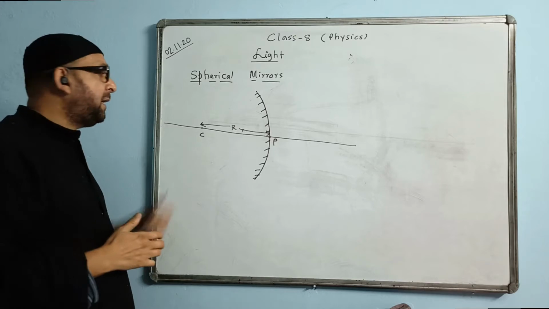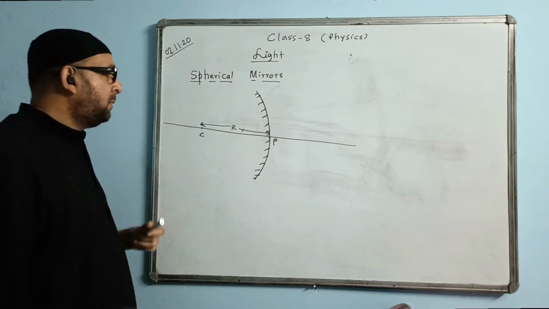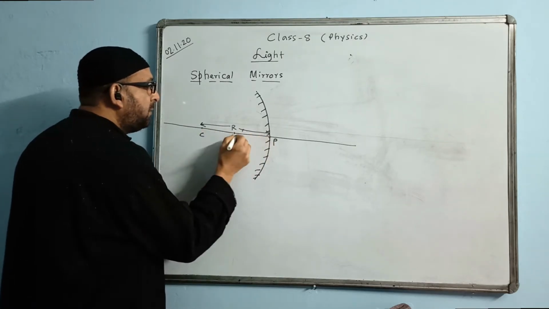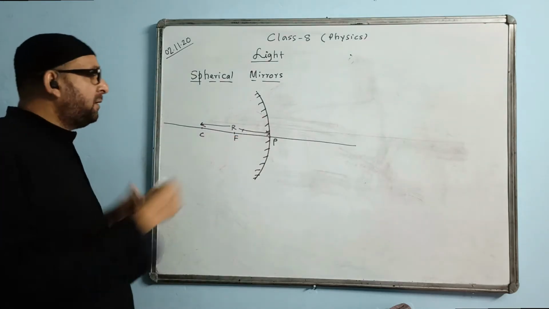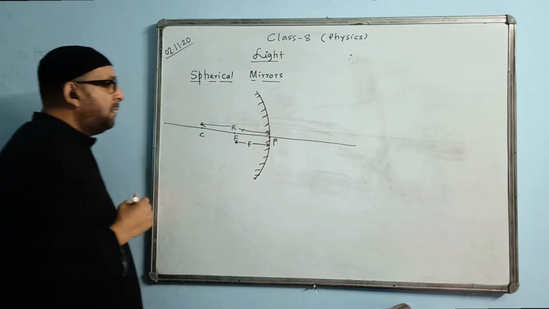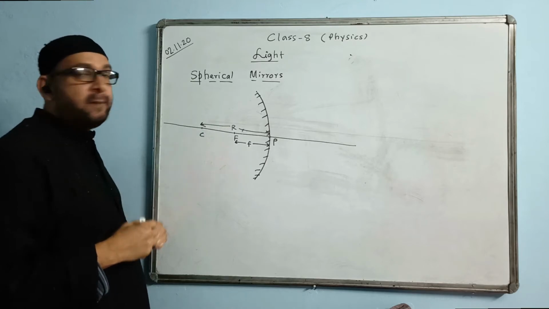Radius of curvature is the radius of that sphere of which the given mirror is a part. Focus will be exactly midway between the points P and C, like this, F. This is the focus of the mirror, denoted by F. This distance is the focal length. Here also we will have F is equal to R by 2.